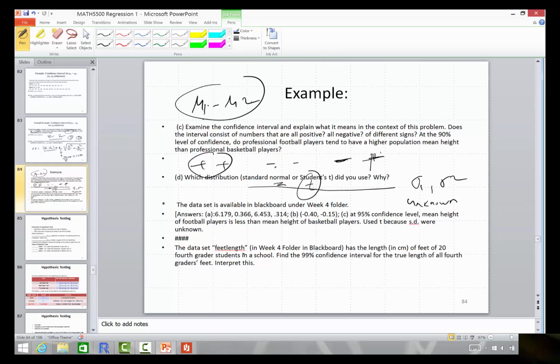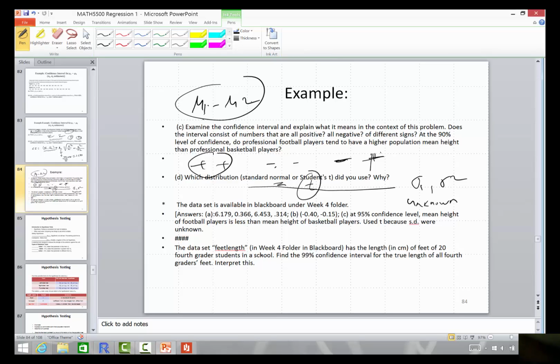I have one more practice problem for you. If you want to do it, the data set feet length in the week 4 folder in Blackboard has the length in centimeters of the feet of 20 fourth grade students in a school.